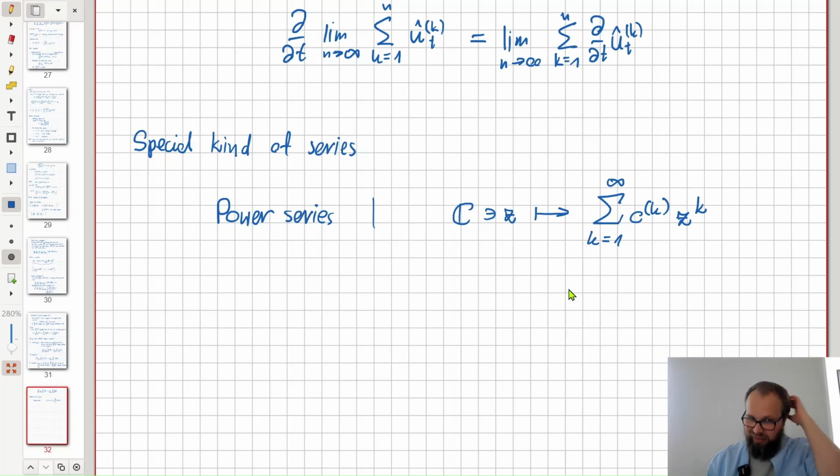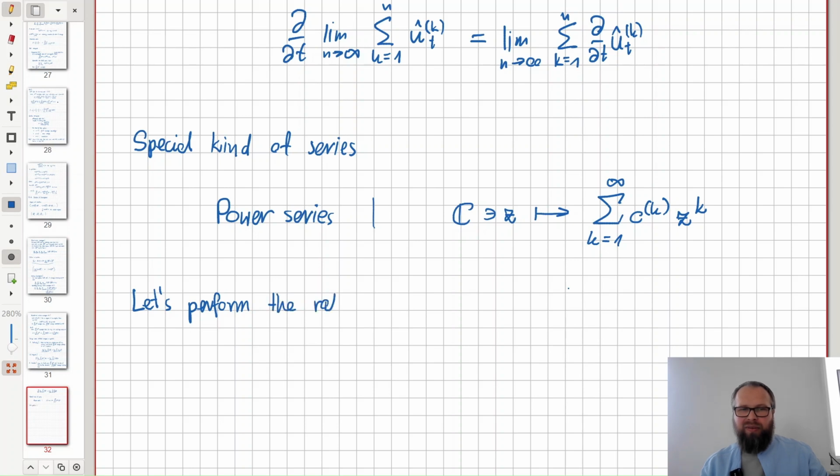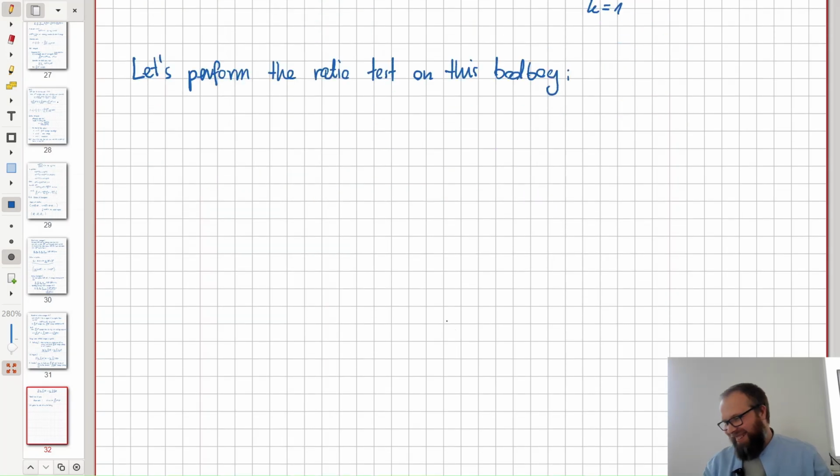Now if you take a power series like this and perform a ratio test on it, one of the tests for convergence, for absolute convergence for that matter, let's perform the ratio test on this bad boy. The ratio test will tell us, okay, so we have this ratio R. It will depend on z.